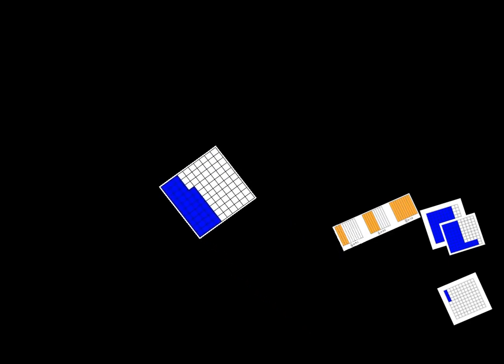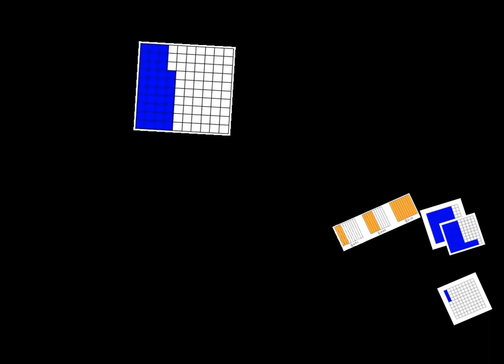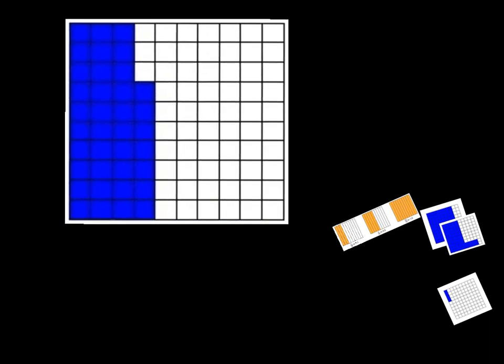Okay, so let's take a look at some more that we can work through here. So this grid has cubes in it, right? There's 100 little squares.